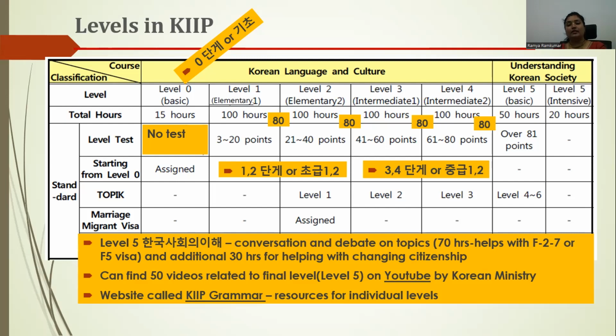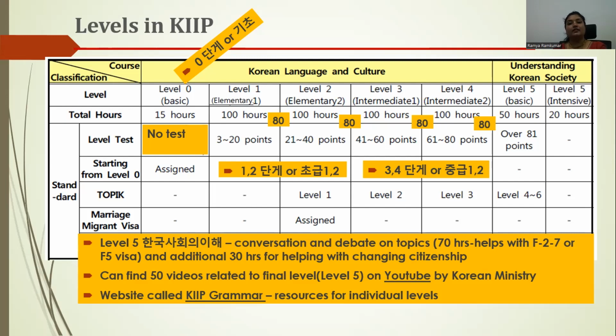And as I was telling you, level 5 is actually understanding of the Korean language, the Korean society and their culture and everything. So it's called Hanguk Sahe Ihe. It basically contains conversation and debate on topics. And it's basically 70 hours, which helps with the F27 or F5 visa.